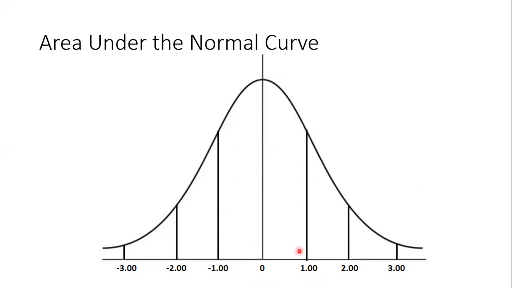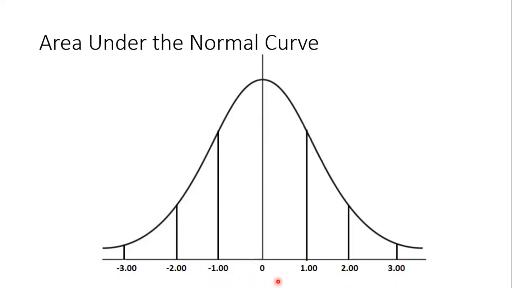We have this mark 1.00, 2.00, 3.00. On the left side, you have negative 1.00, negative 2.00, and negative 3.00. These are actually values po ng ating mga Z-score. Positive kapag siya ay nasa right side of the normal curve and negative kapag nasa left side.